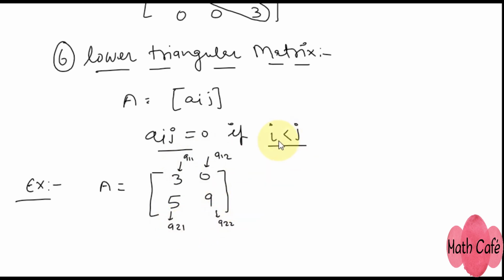For all the elements for which i is less than j, the element should be 0. Here i is equal to j, here i is less than j, so this is 0, and here i is greater than j. So this type of matrix would be called a lower triangular matrix.